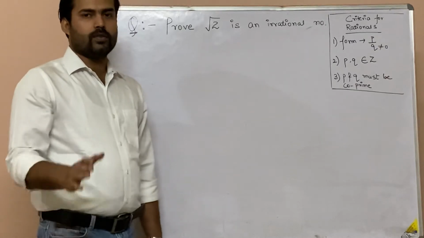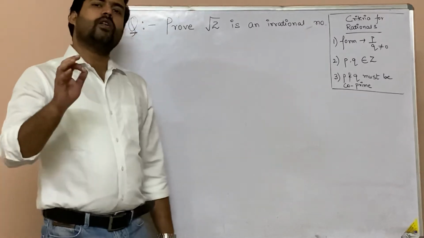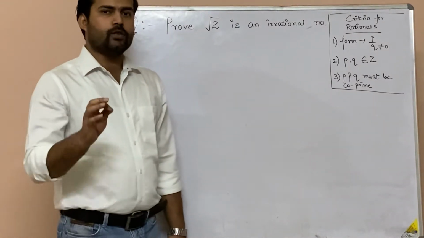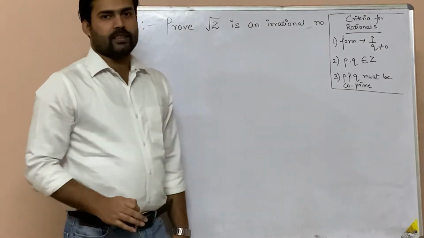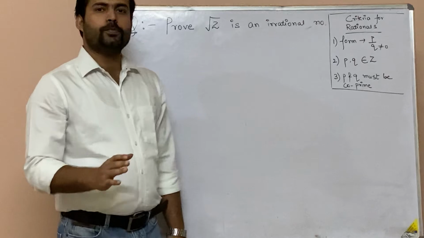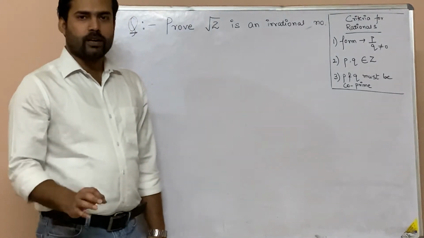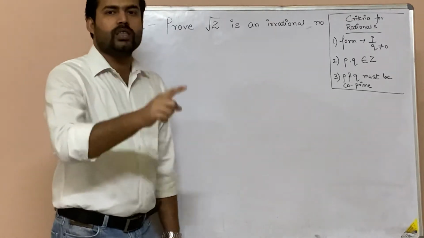Contradiction means that in order to prove something correct, you do not try to prove it correct. Rather, try to prove it false. Why try to prove it false? Because one particular wrong case will make the whole theory go wrong.